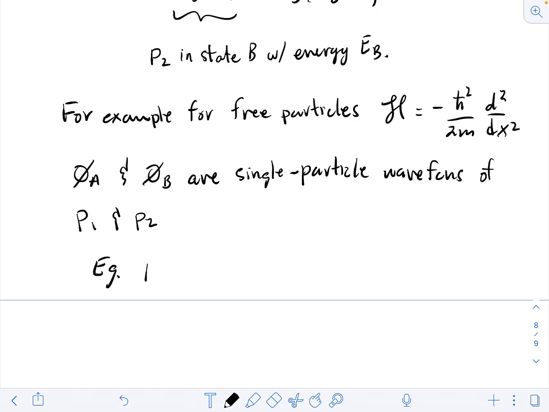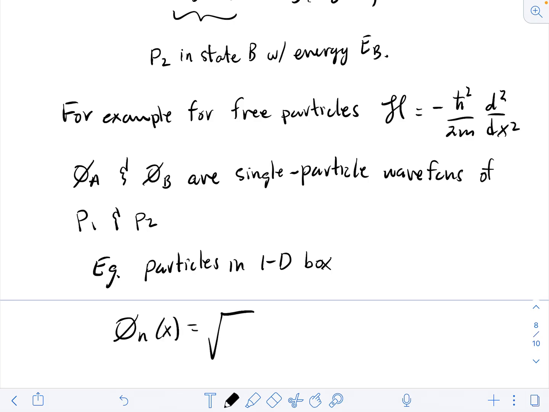So for example, if these were particles in a 1D box, the wave function would look something like root 2 over L sine of n pi x over L, where L is the size of the box.